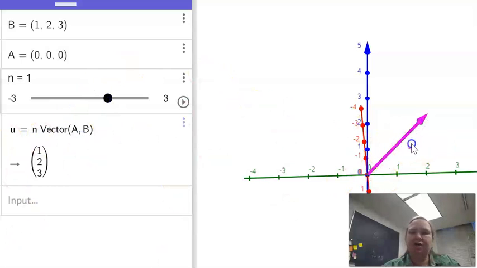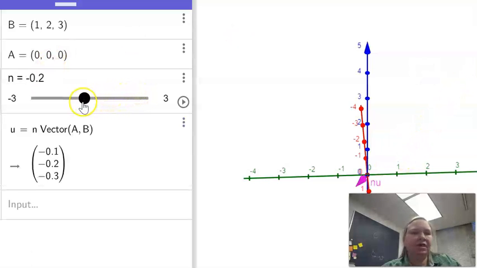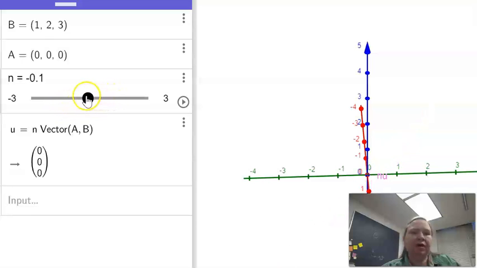I'm going to change that label here. Okay, so I changed the name. And now I'm going to move this slider, and as you watch, when I make that scalar change that I'm multiplying the vector u by, I get different lengths for vectors.